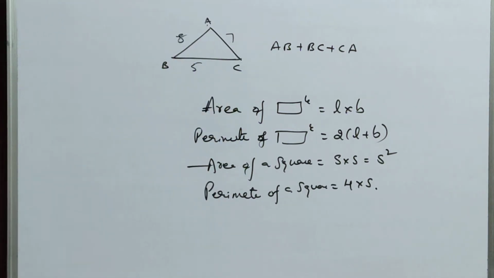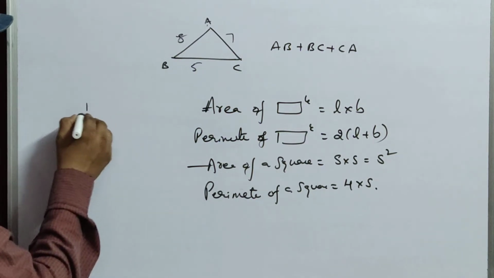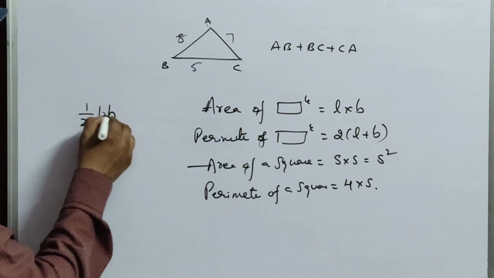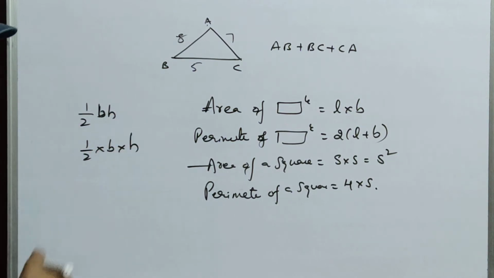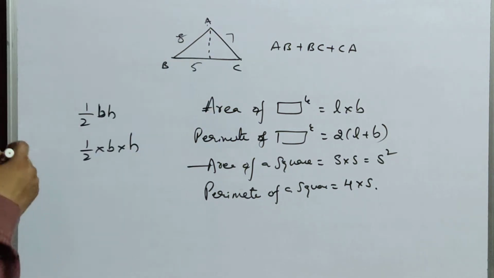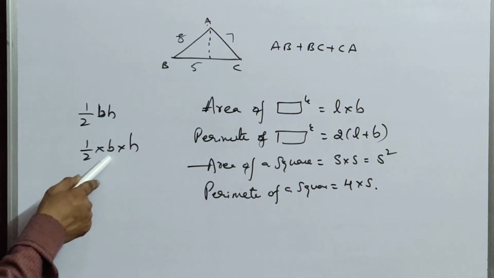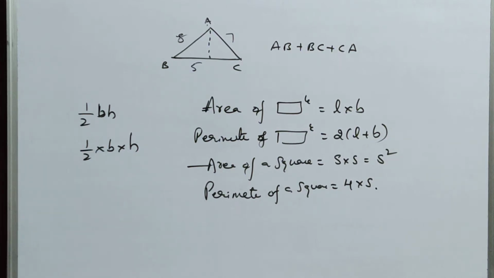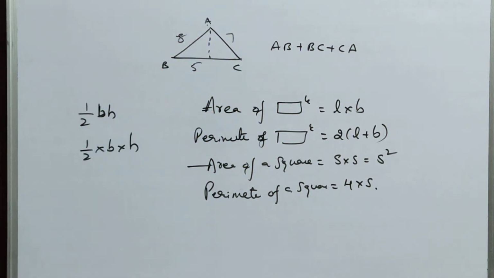That is the perimeter, okay children? If they ask for the area of a triangle, it is half into base into height. The height will be given according to the triangle. Area of a triangle equals half into base into height. Perimeter means the sum of the given sides of the triangle.